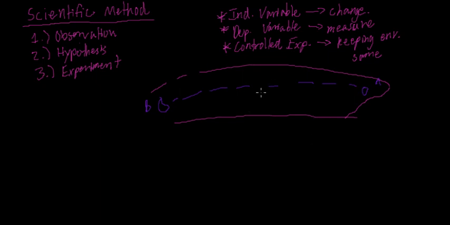We don't want to change anything outside of this environment that actually does affect this parabolic path or the motion of the ball. So we need to have a control. We need to keep the environment the same, or anything else that would in any other case affect the motion of the ball. Now, since we are measuring things, we have to have results.